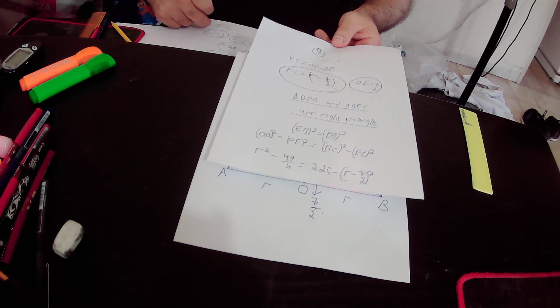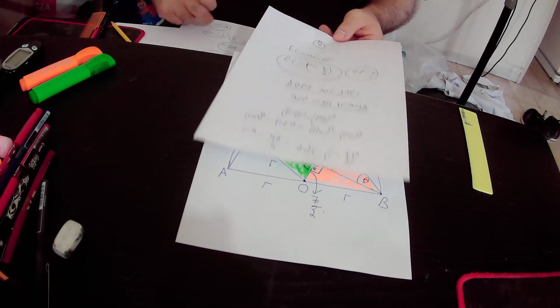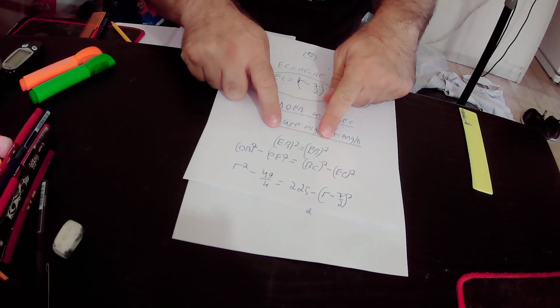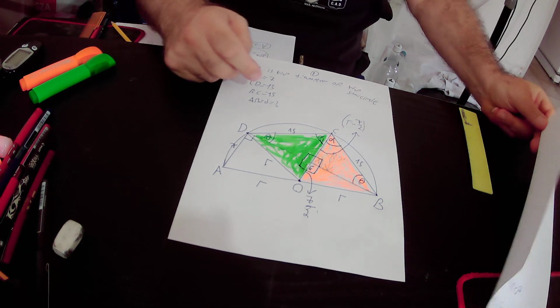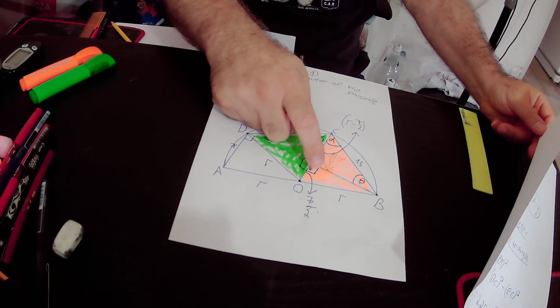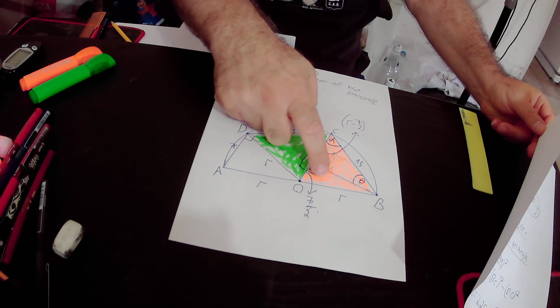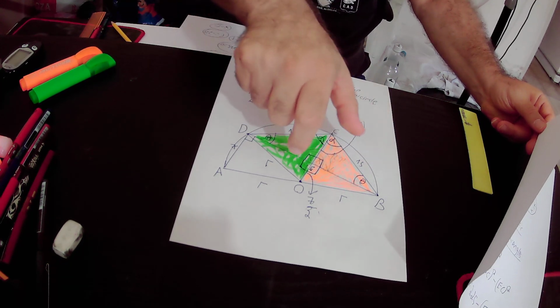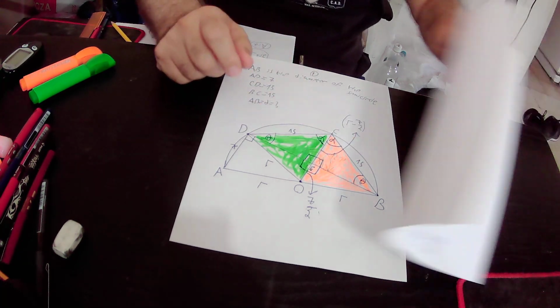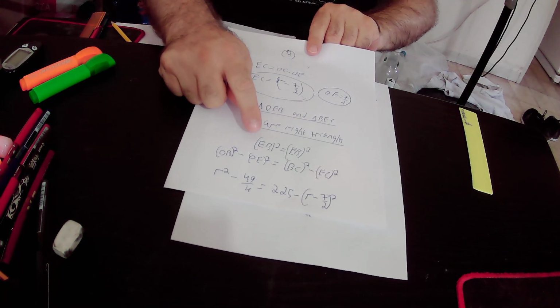We created the equality that states that EB squared equals EB squared. The first EB squared is related to this right triangle. In this right triangle, EB squared equals OB squared minus OE squared.